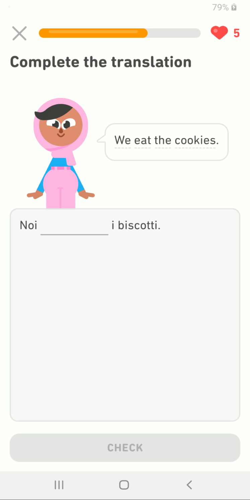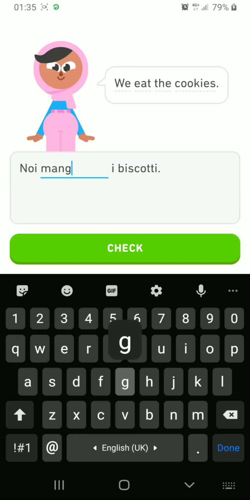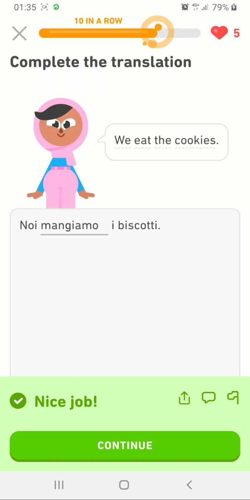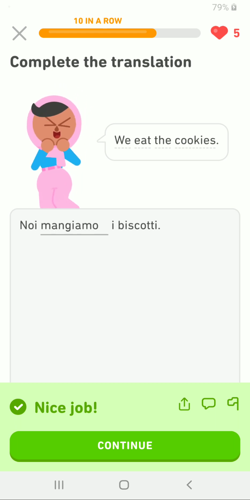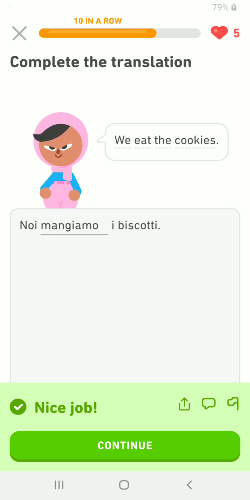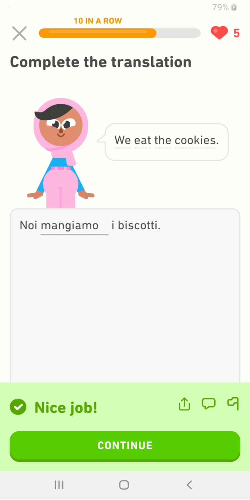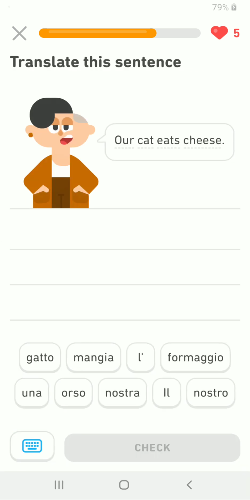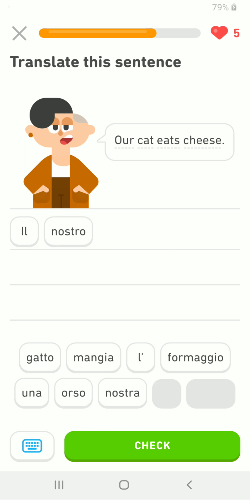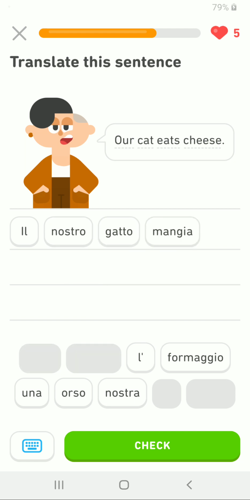We eat the cookies. Noi mangiamo. So it's just the verb. But something to take away here is the word for cookies, biscotti. And our cat. So our cat, il nostro gatto, mangia.